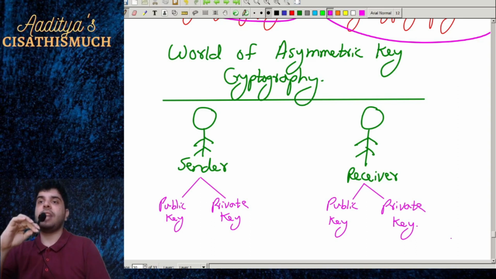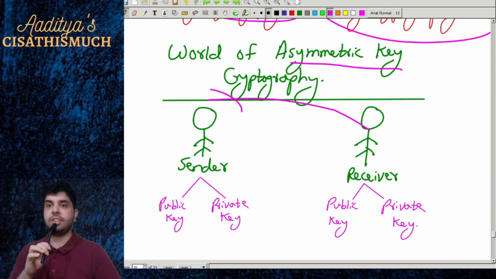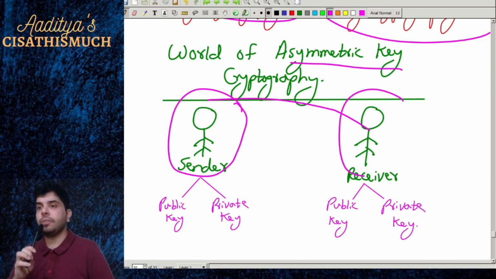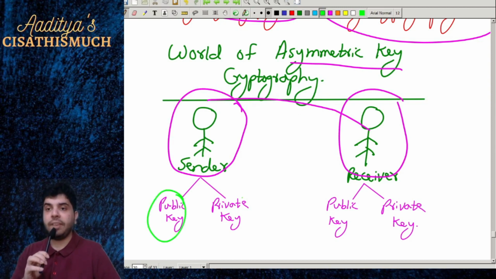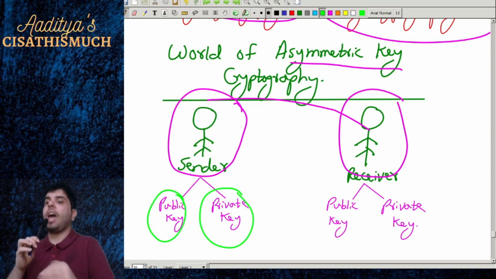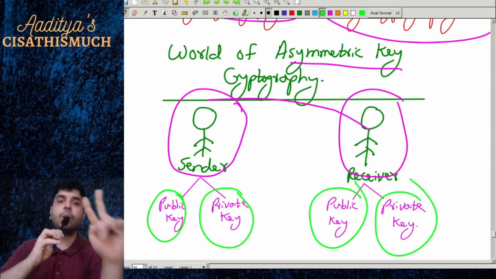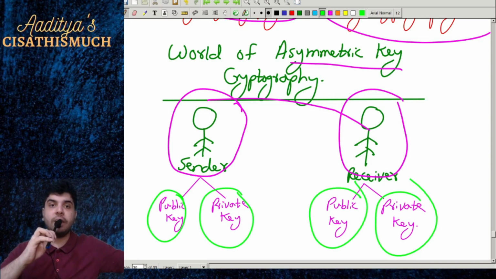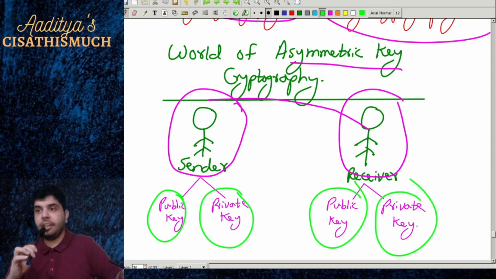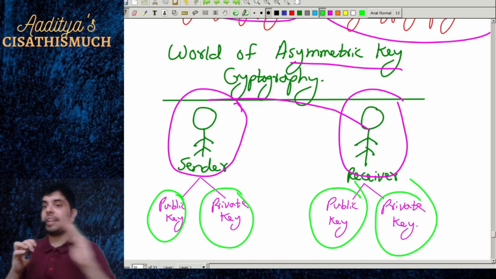So we are starting with asymmetric key cryptography. There is a sender and there is a receiver. The sender has a public key and a private key. The receiver also has his own public key as well as a private key.